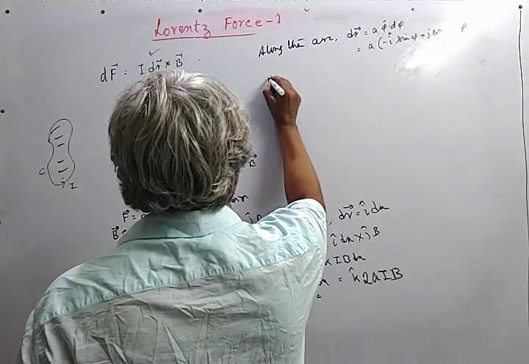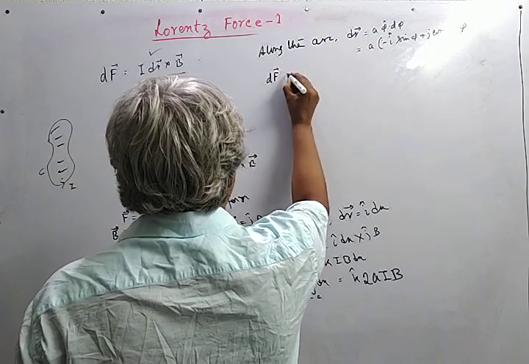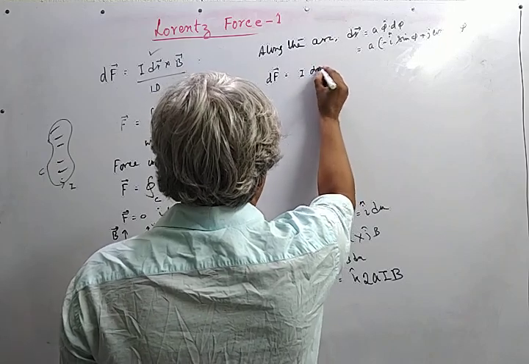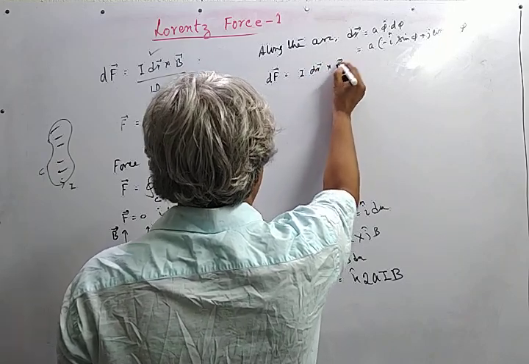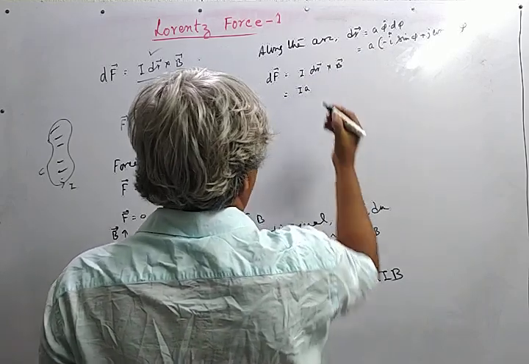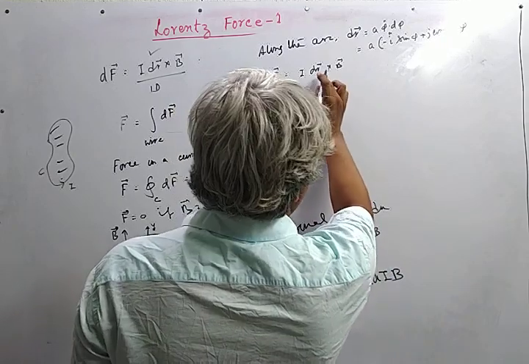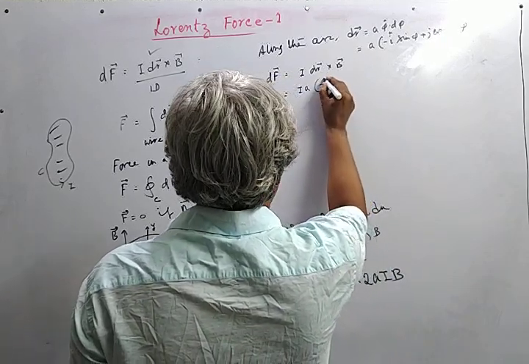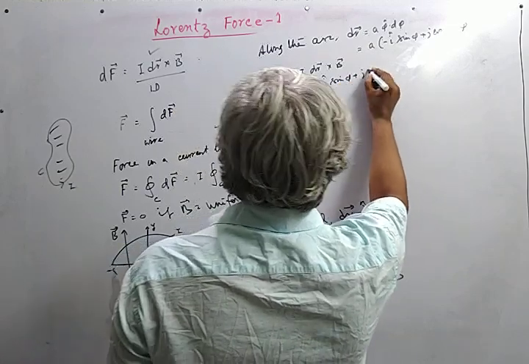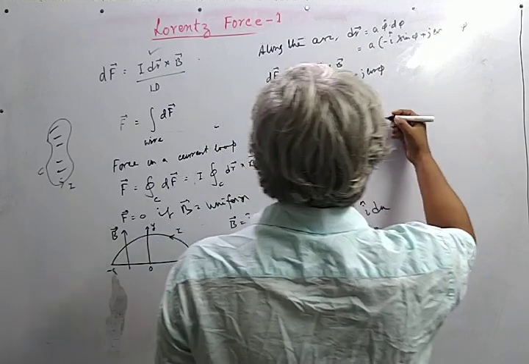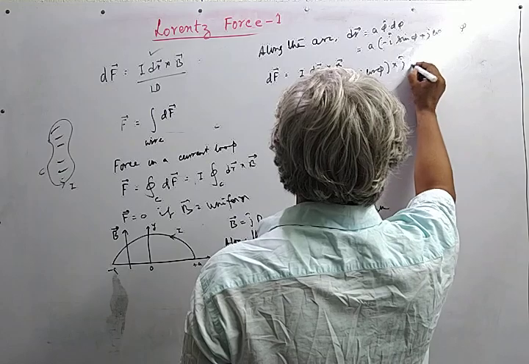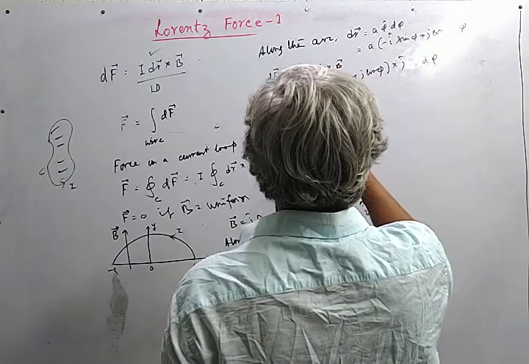So the force dF on the arc is I dr cross B. This is I a, minus i cap sin phi plus j cap cos phi, cross j cap B d phi.